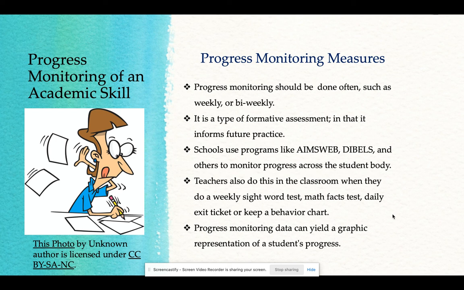So finally, progress monitoring data can yield a graphic representation of a student's progress. As we get the different scores each week, we want to graph that and show a trend of either improvement, or a trend that is staying stagnant, or a trend that is not improving and is actually getting worse. And that's going to inform how we handle instruction.